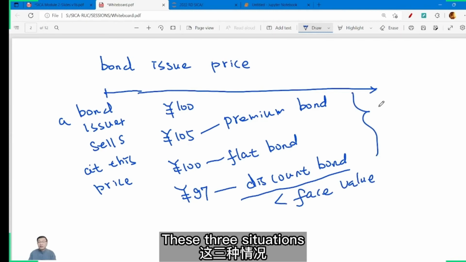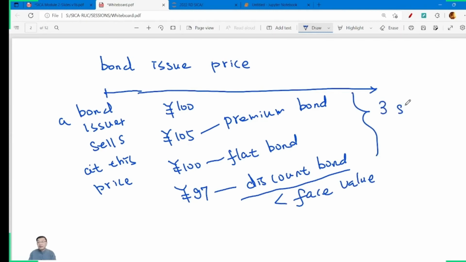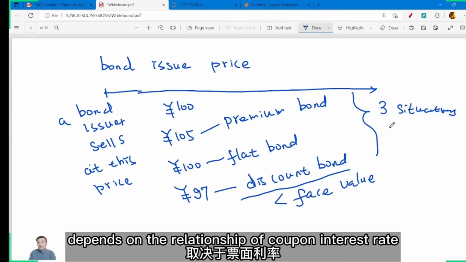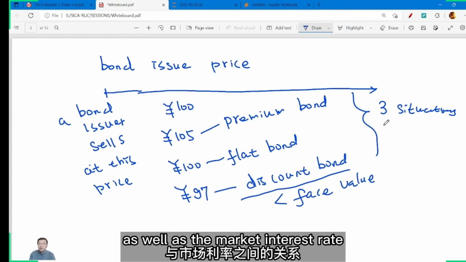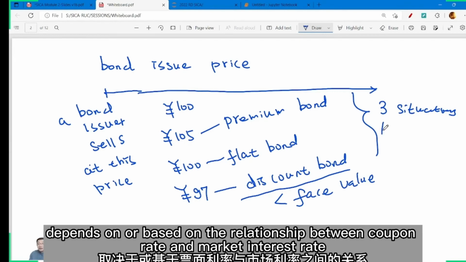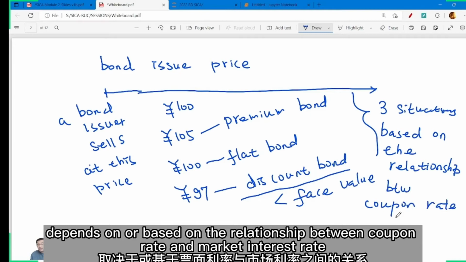These three situations depend on the relationship between the coupon rate and the market interest rate.